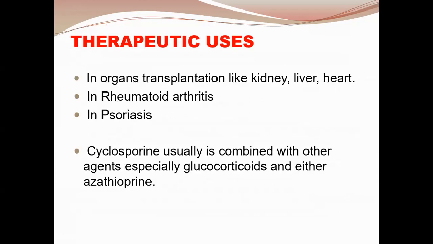So what are the therapeutic uses of calcineurin inhibitors like cyclosporin? It is mainly used in organ transplantation like kidney transplant, liver transplant, and heart transplant to prevent graft versus host rejection. It is also used in the treatment of rheumatoid arthritis and psoriasis. Cyclosporin is usually combined with other agents, especially the glucocorticoids, and it can also be combined with another drug called azathioprine.